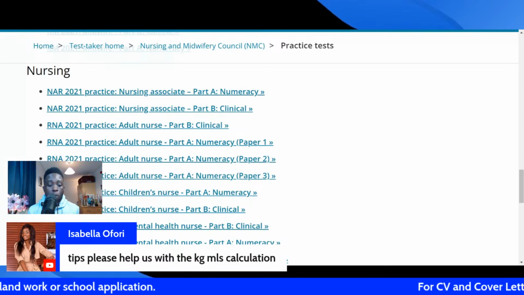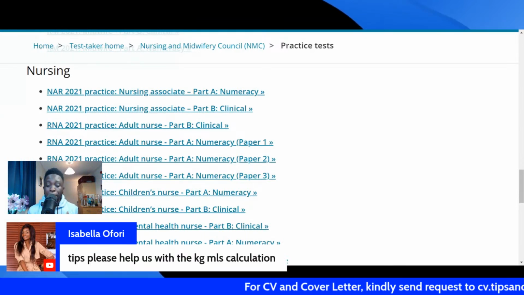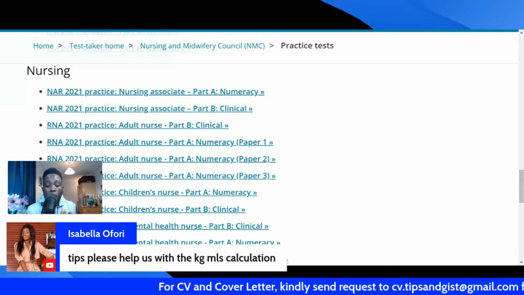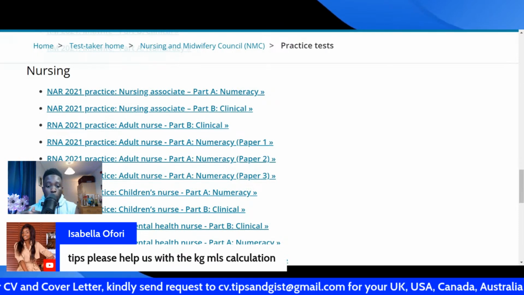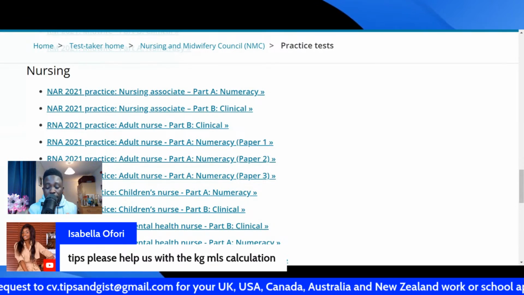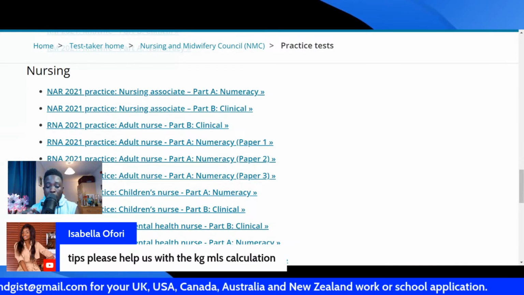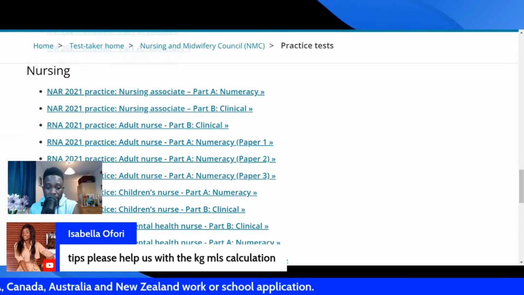One thing I want you to know is to go and learn your basic SI units. 1000 milligrams equals 1 gram. 1000 grams equals 1 kg.